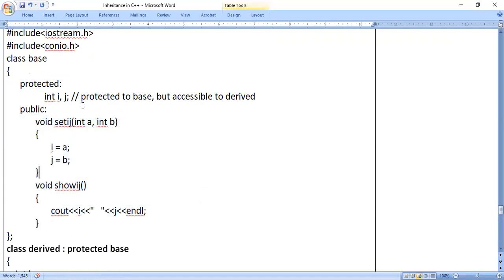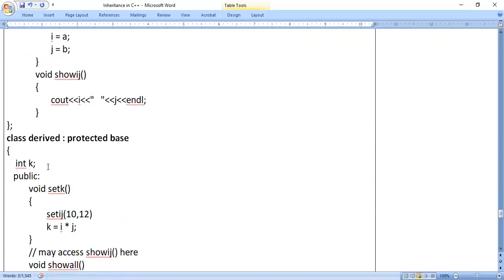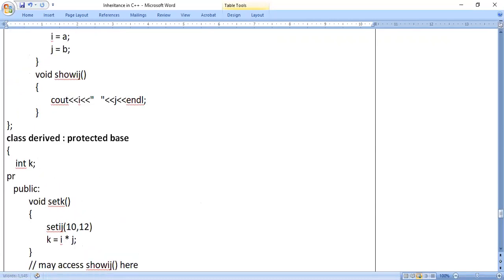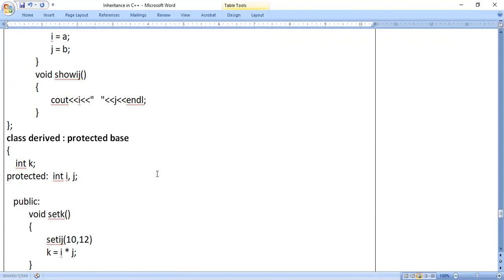Both become protected means, how we can think is, you take these two data and put one access specifier here, that is protected. You can copy it like this. So i and j, protected members of base class, will become the protected members of derived class.